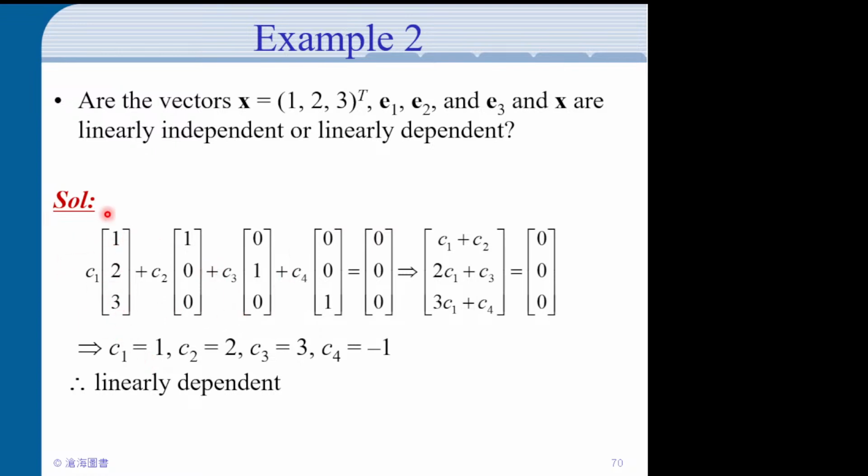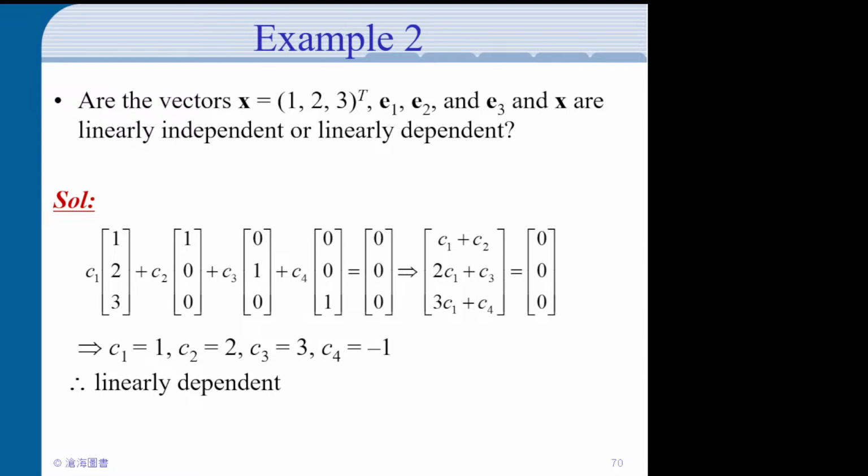So you write (1, 2, 3) as a linear combination of the others. I think the solution here is a little wrong. Okay, the textbook has this wrong.